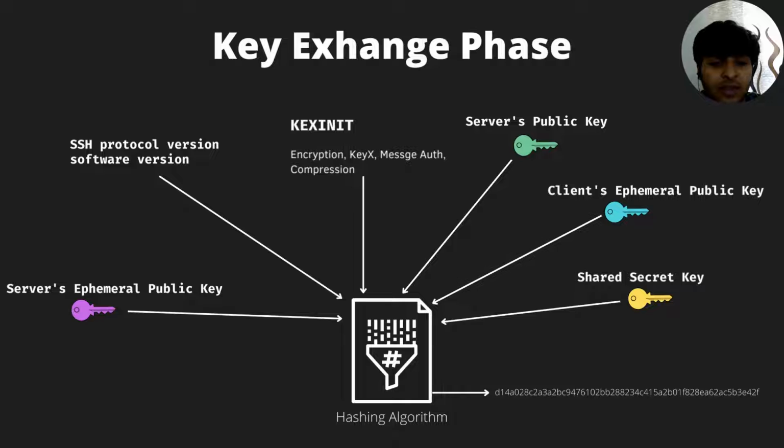This is the one that the client earlier sent to the server to be used in the Diffie-Hellman key calculation. Then we have the server's ephemeral public key again. This key is the one that the server uses in the Diffie-Hellman key calculation. And last but not the least is the shared secret key.